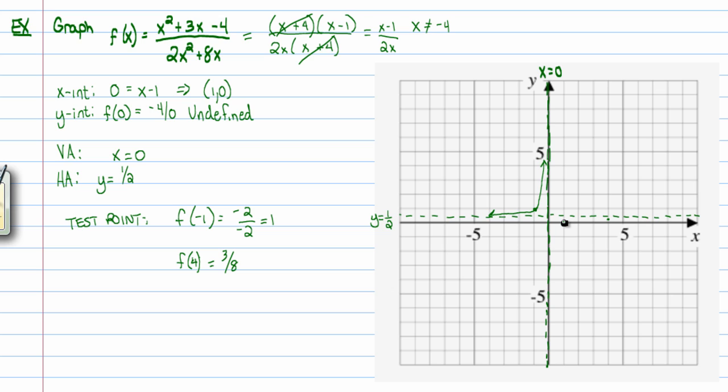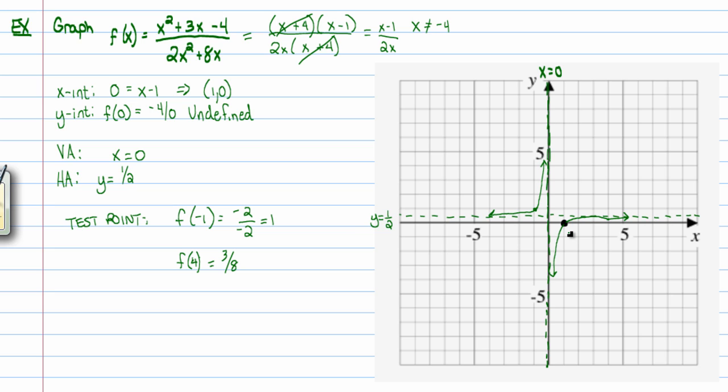But we kind of knew it was going to look something like that, because if I had gone from the top down like this, I'd have to bow back up to get to this horizontal asymptote, and that would require me to cross the x-axis later on. And I only have one x-intercept, so that's not possible. So I kind of knew it was going to do this business here. It might go up above the horizontal asymptote for a little bit.